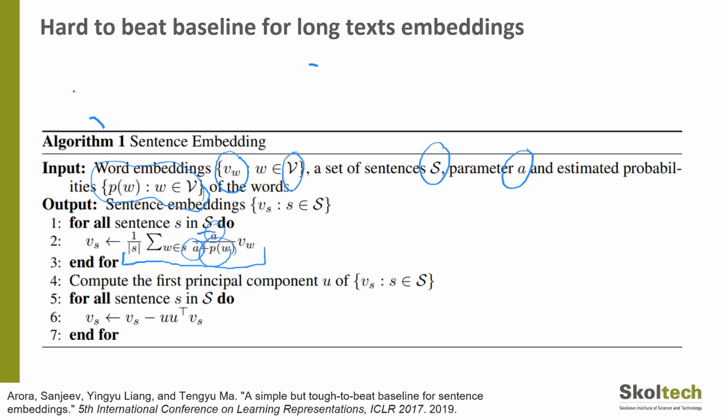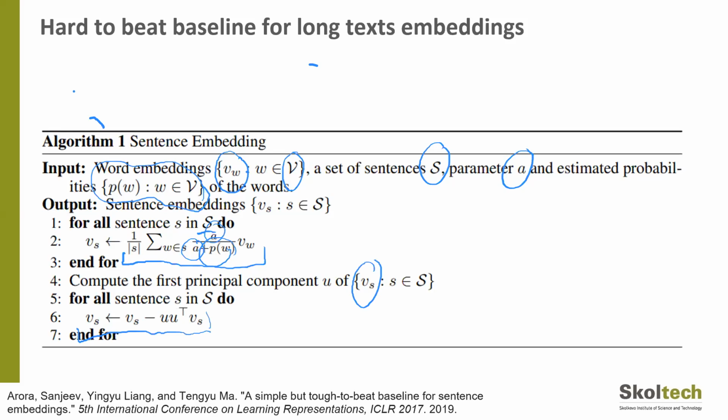Also, we have a cherry on this cake. It means that we use this first principal component of U. And for each embedding, we have this modification. So we decorrelate these embeddings of sequences.